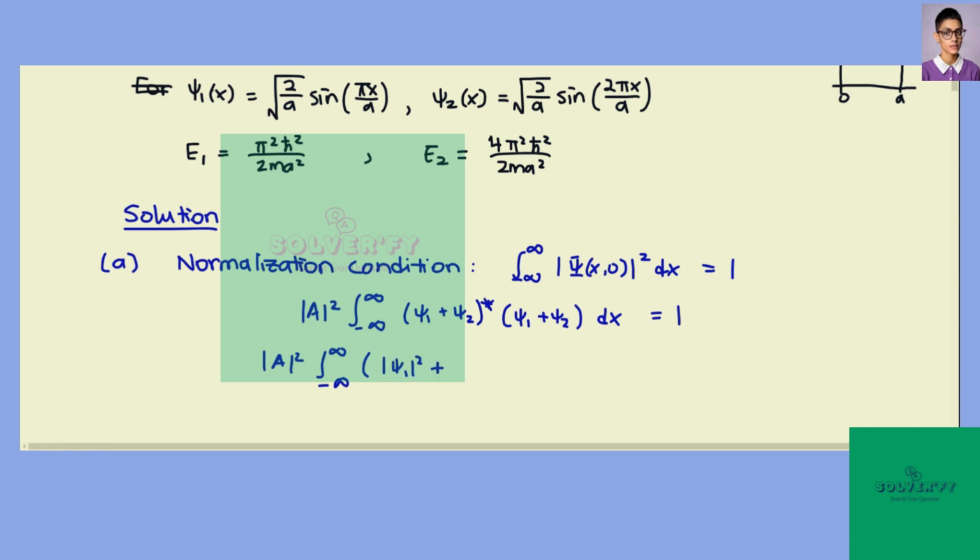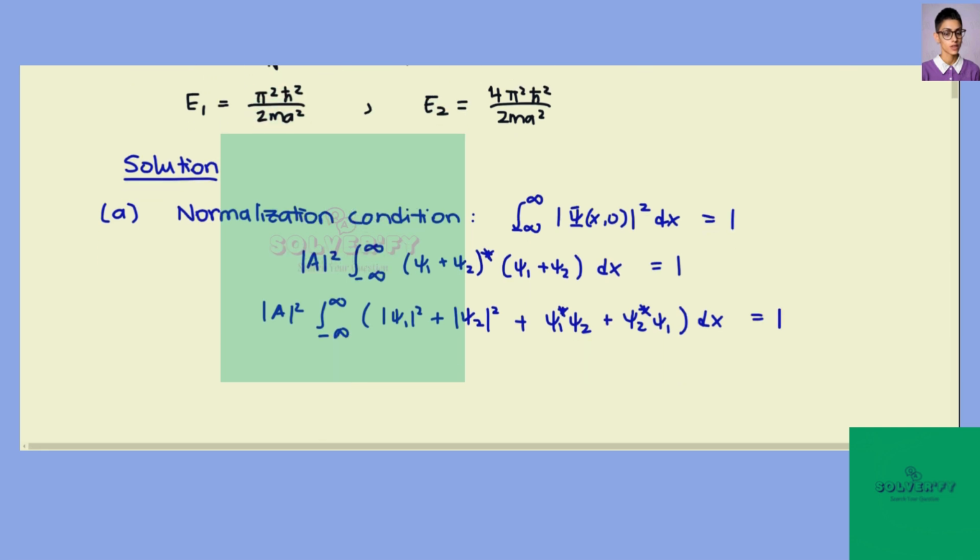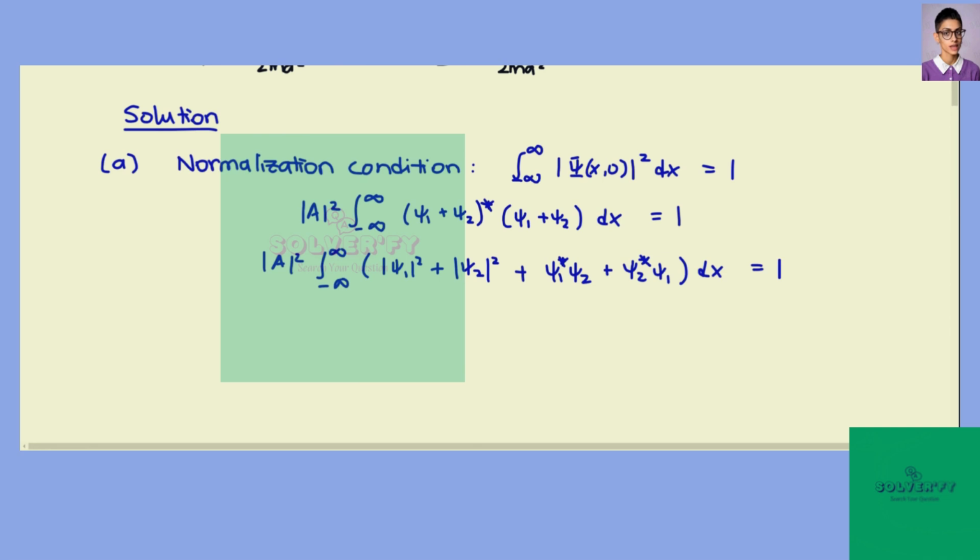Then you are going to have the integral of mod psi 1 squared plus mod psi 2 squared plus psi 1 star psi 2 plus psi 2 star psi 1 dx equals 1. Since all the functions are real and all the energy eigenfunctions are normalized, the integral of mod psi 1 squared dx equals 1, and the integral of mod psi 2 squared dx is also equal to 1.